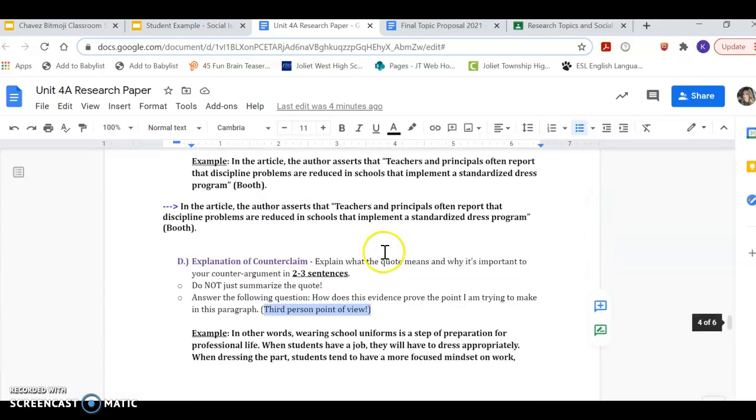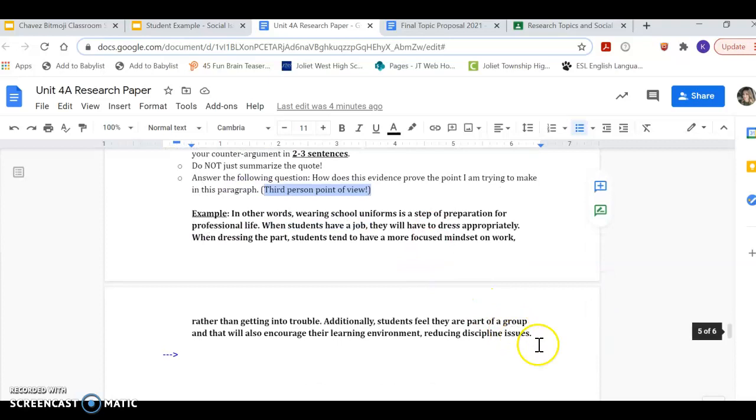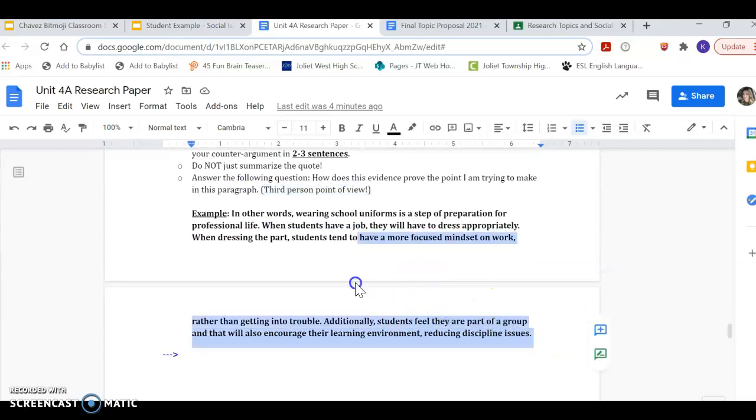So remember, my quote, the opposing quote, was all about how wearing uniforms actually helps prevent discipline problems. So my explanation, because I'm not repeating the quote, I want to analyze it. I wrote, "In other words, wearing school uniforms is a step of preparation for professional life. When students have a job, they will have to dress appropriately.